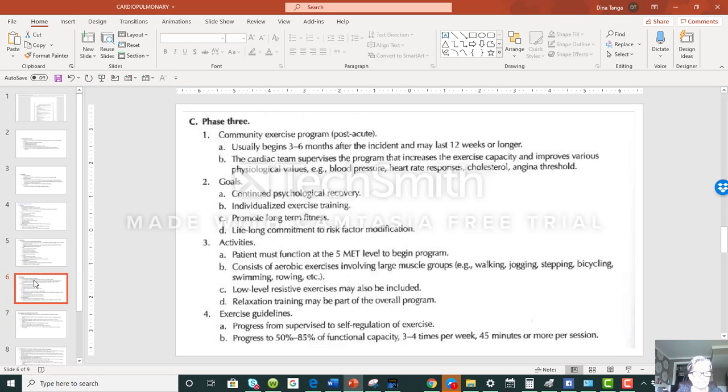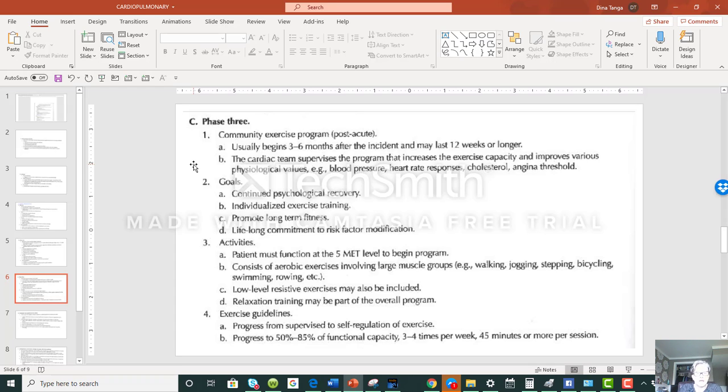Phase 3. Community exercise program, post-acute. Usually begins 3 to 6 months after the incident and may last 12 weeks or longer. The cardiac team supervises the program that increases the exercise capacity and improves various physiological values such as blood pressure, heart rate response, cholesterol, and angina threshold.